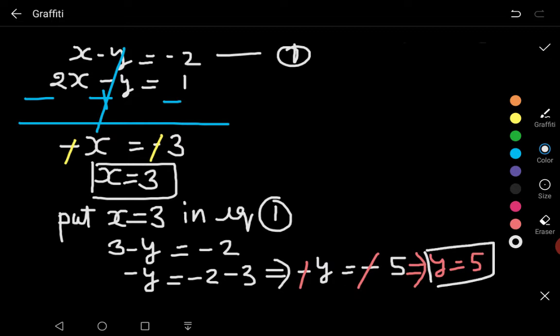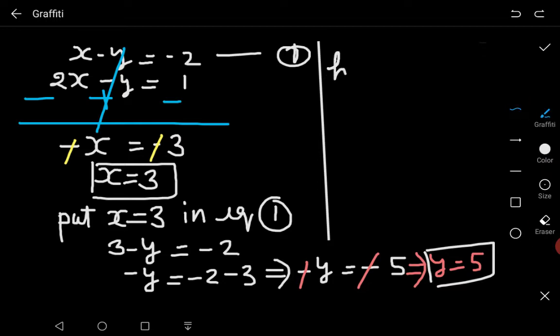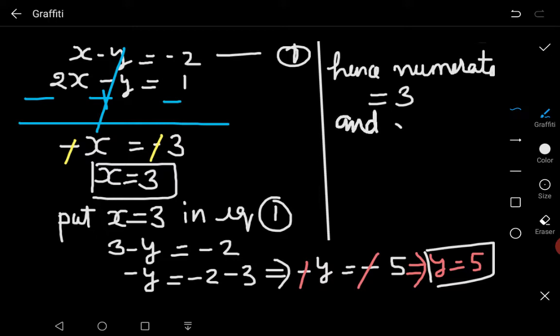Okay. Now you can say that here we had taken the numerator as x. So we can say, hence, the numerator is equal to the value of x, which is 3, so the numerator is equal to 3, and the denominator is equal to 5.